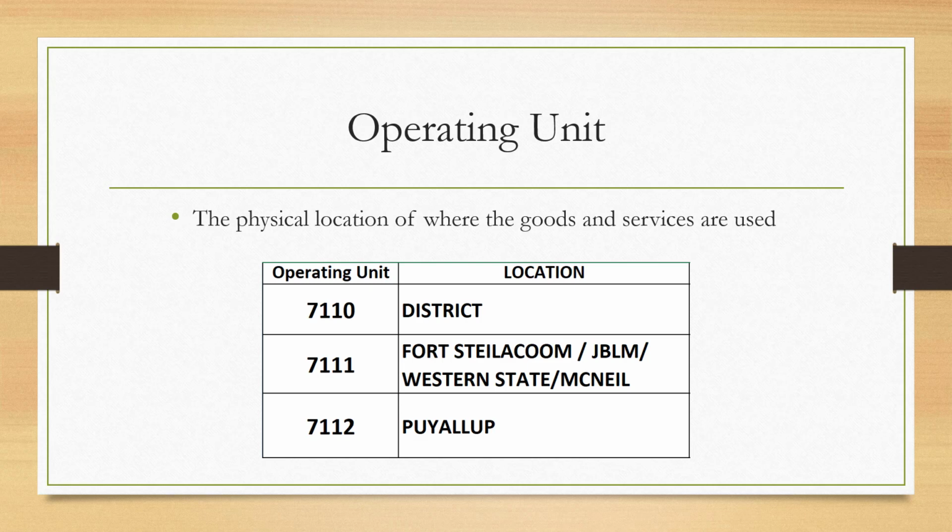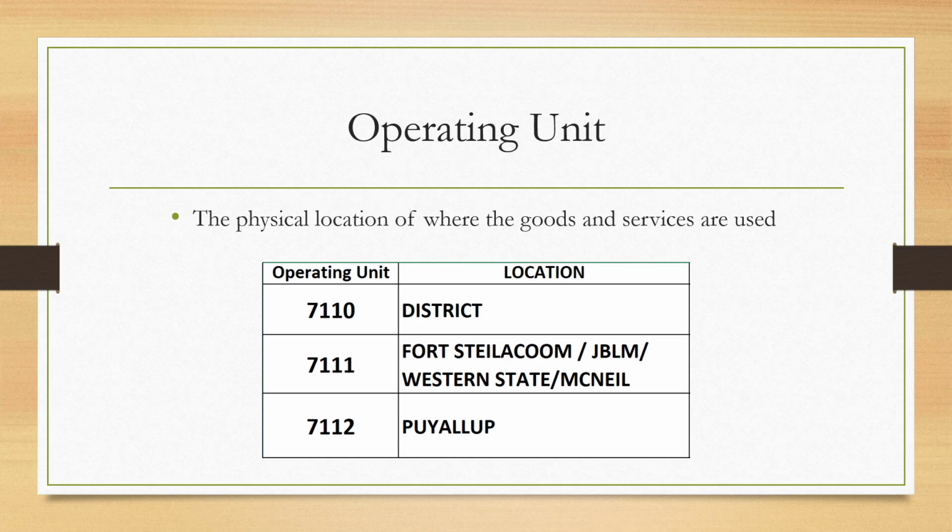Or, if employee X works at the Puyallup campus but needs to order supplies for an instructor at Fort Steilacoom, employee X would use the Fort Steilacoom Operating Unit 7111 because the supplies are being used at Fort Steilacoom.